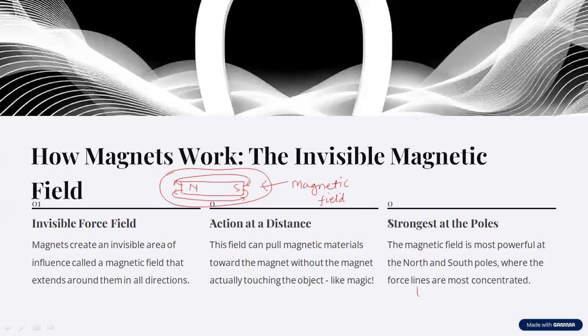How do we experience it? If you have a magnet and bring a very small iron pin or metal pin near it, then as you bring it near, once a particular distance is reached, it will get pulled. So this is the range in which it gets pulled, called the magnetic field.